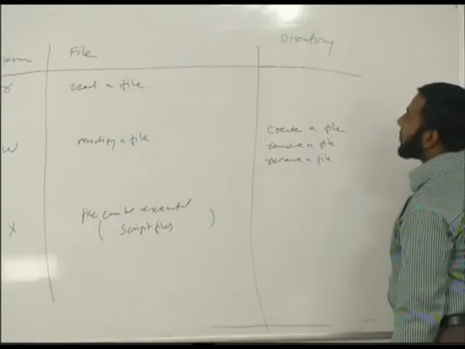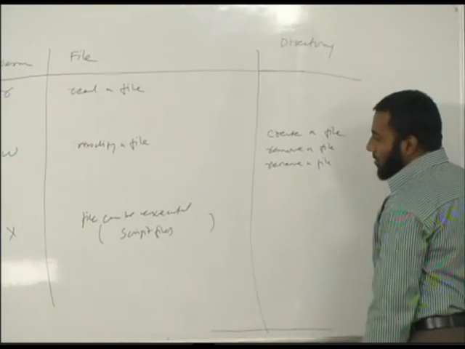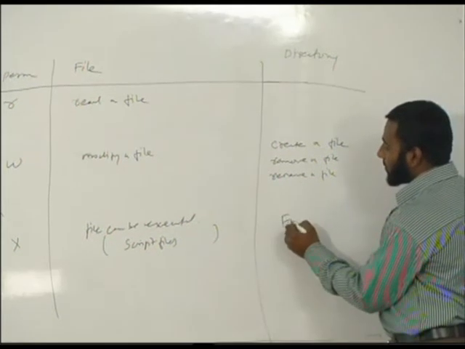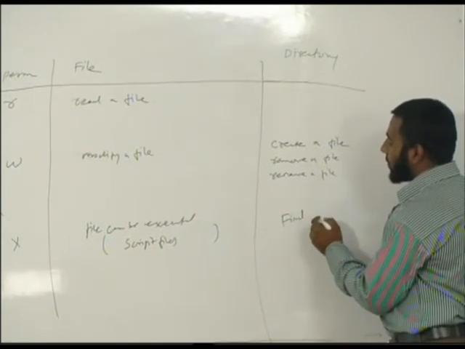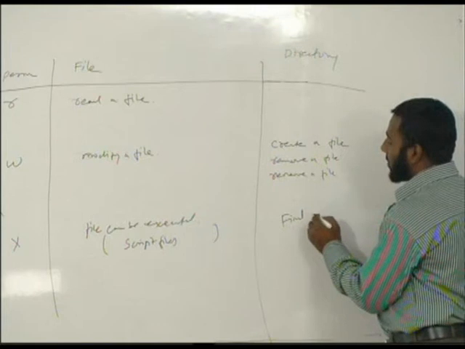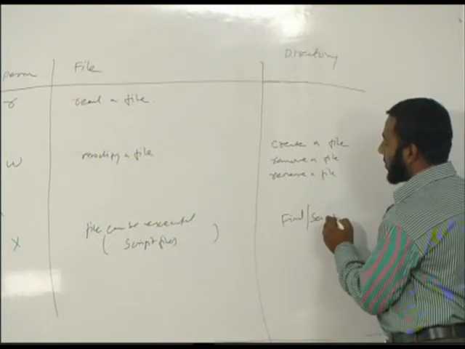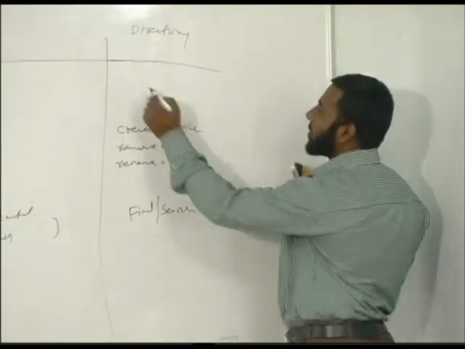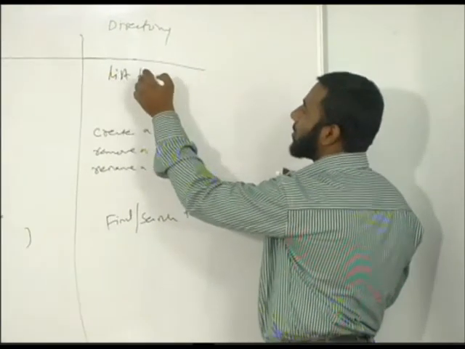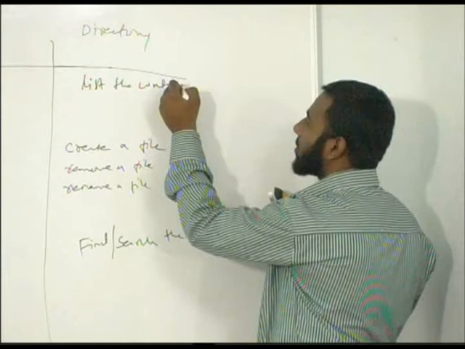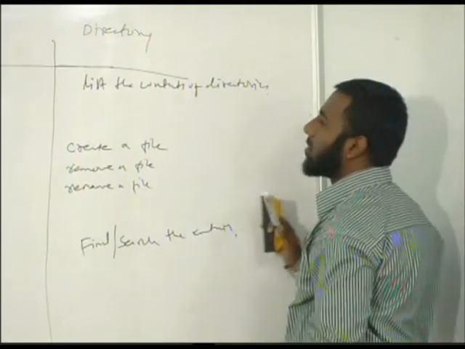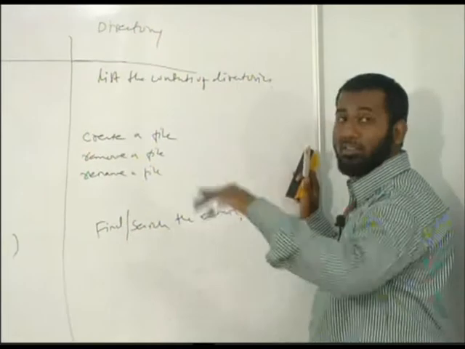What do you mean by execute permission on a directory? Execute permission on a directory means we can find or search the entries. Here we can list the contents of directories. Read means we can just see the contents of a directory.